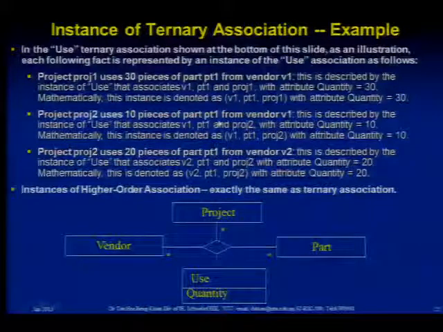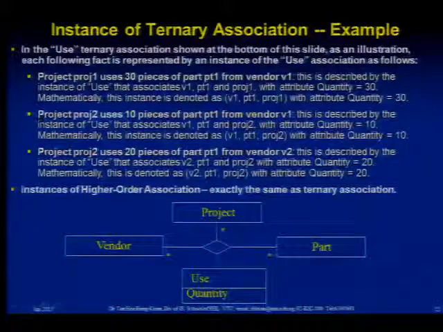And mathematically, as I explained earlier, the notation to represent this instance is a 3-element tuple: V1, part 1, and project 1. Because this is an instance of a ternary association, we use a 3-element tuple to represent it.